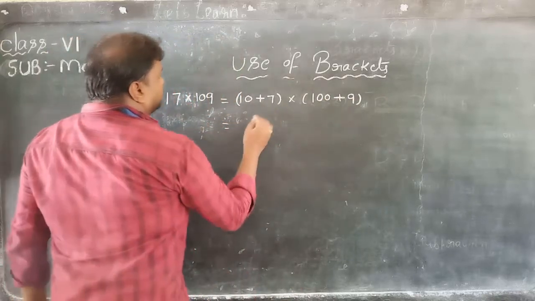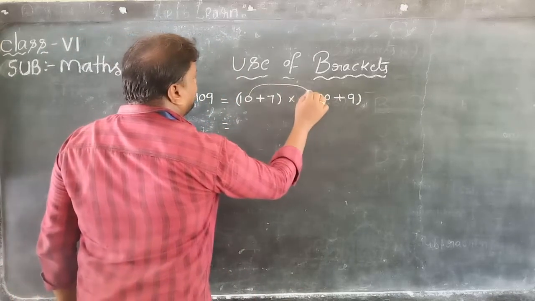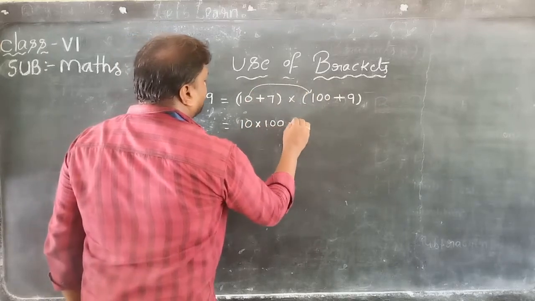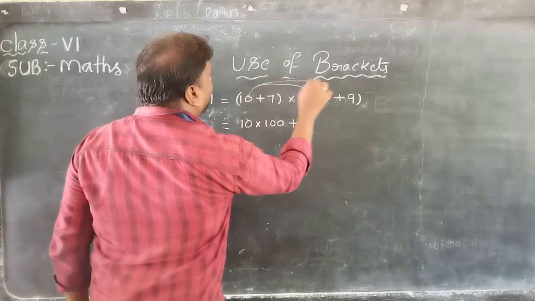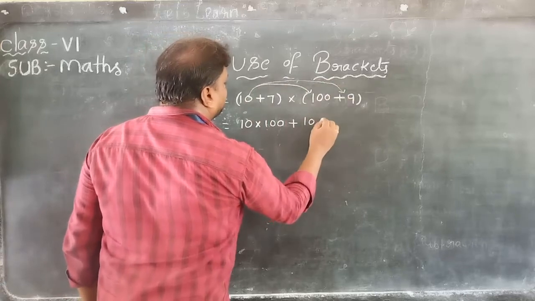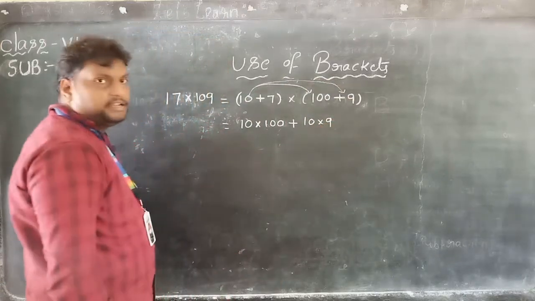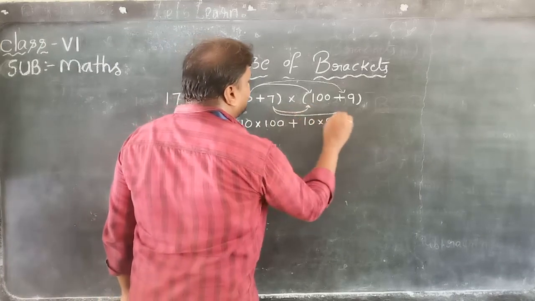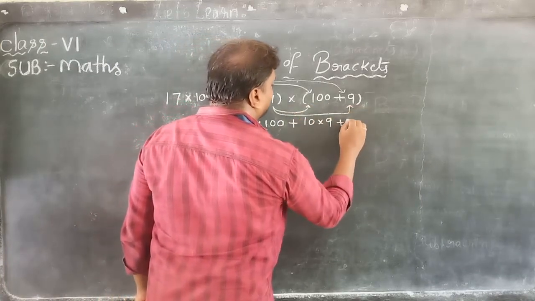Then see now, first 10 into 100 plus 10 into 9, with the 10 is completed. Next, 7 into 100 and 7 into 9.